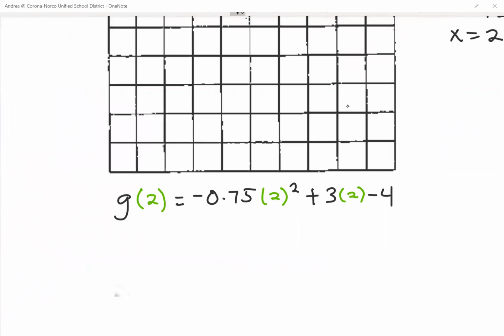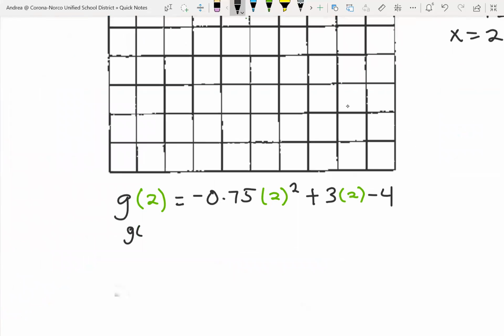So g of 2 equals 2 squared, which is 4. 3 times 2 is 6 minus 4. Okay, negative 0.75 times 4. It's basically 75% of 4, which is 1, and a negative.